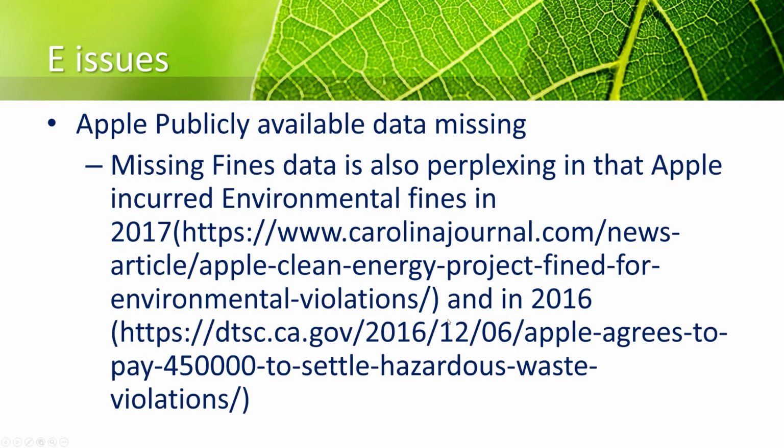What's also odd is that the missing fines data is also perplexing, in that Apple incurred environmental fines in 2017 in North Carolina. That was part of publicly available information. And in 2016 in California, that was also publicly available information. That was not included in this data set. That was available as of 2018.